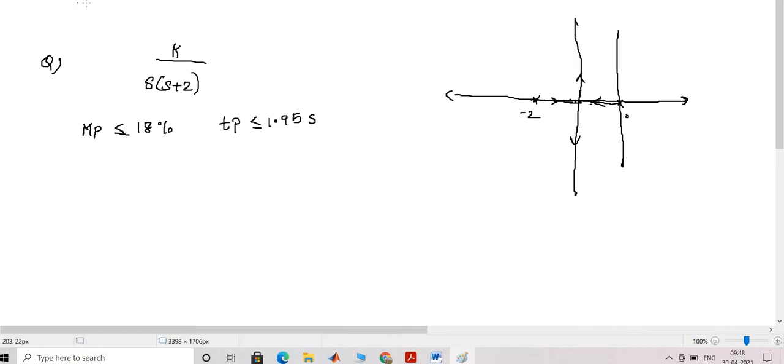Now we have to find out what the dominant poles are. SD is equal to minus theta omega n plus or minus j omega d. Here MP is equal to 18%, so we can write it as 0.18.